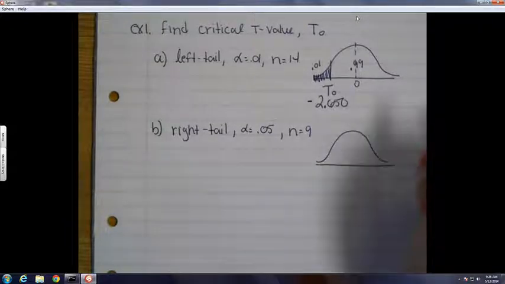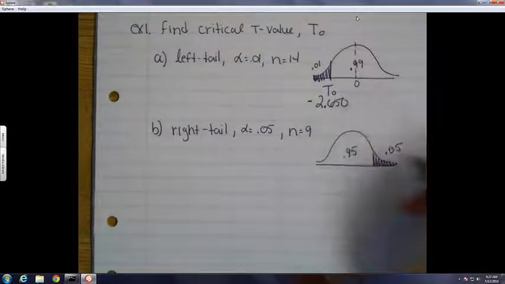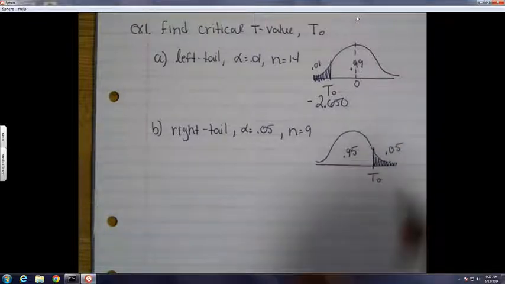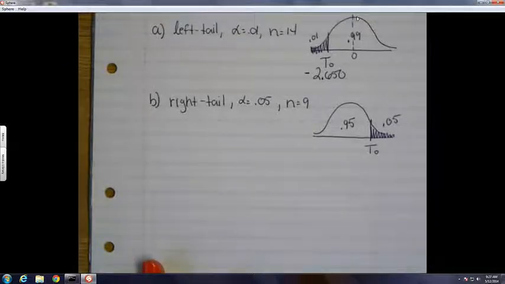Okay, so the shaded region is in the right tail. 5% shaded, 95% unshaded. Looking for this critical t. Should this one be positive or negative? Positive, okay.